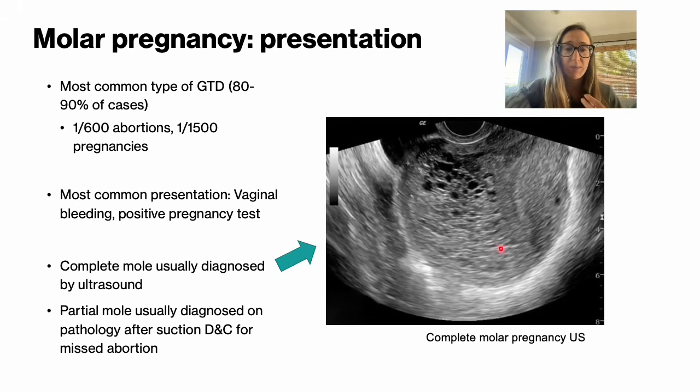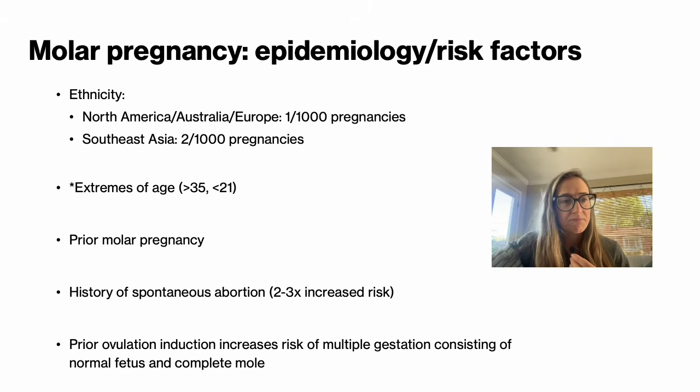This would be an example of a complete molar pregnancy on ultrasound, or it could look like a partial molar pregnancy and look abnormal, and then that is usually diagnosed on a D&C pathology. And so we'll go over some more signs or symptoms in the next couple slides.